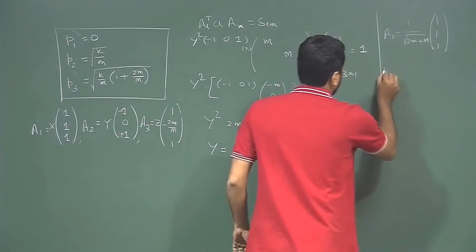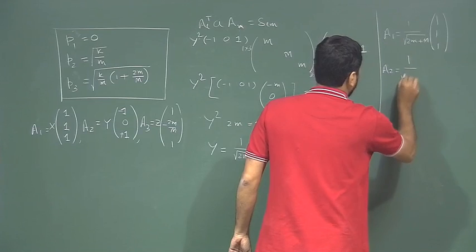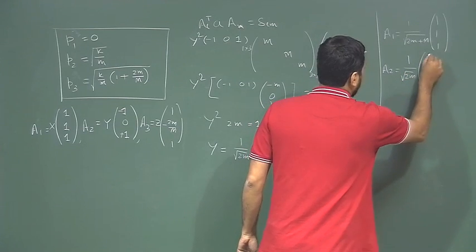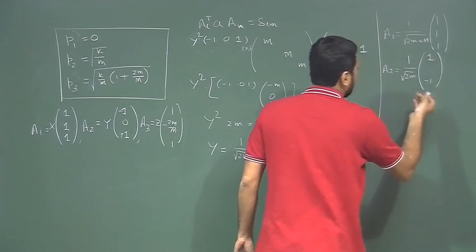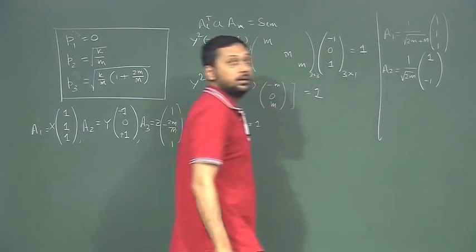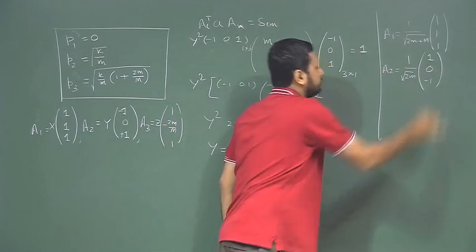So, if I write it, it will be 1 by root 2m times (1, minus 1, 0), or it could also be (plus 1, minus 1) here, and there is a 0 in the middle.